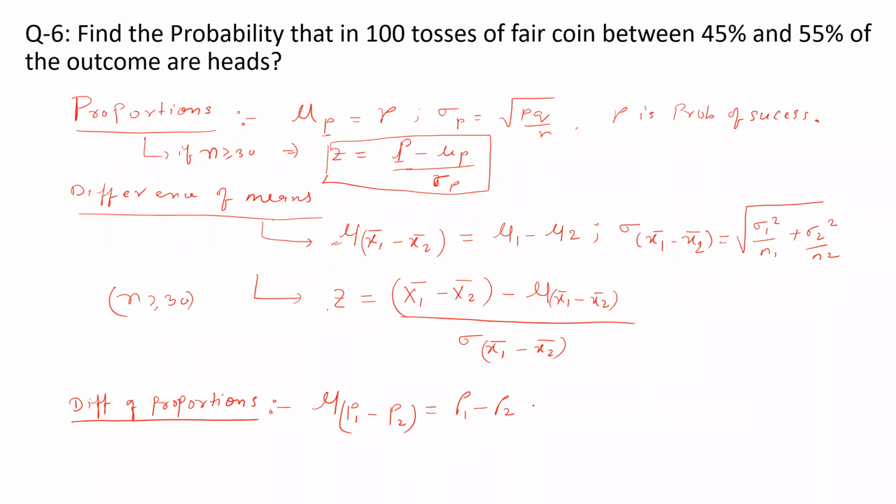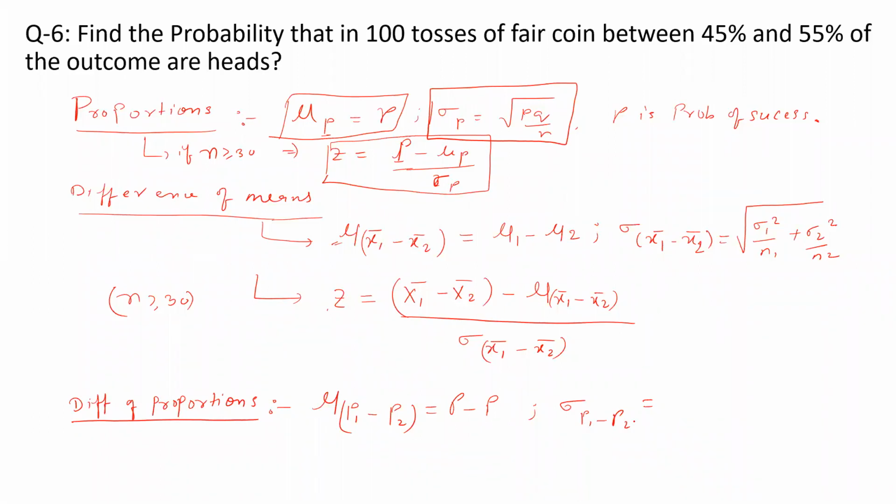All right, and the standard deviation of proportion 1 minus proportion 2. As you can see, your mu p was equal to the small proportion, so this also I can replace with p minus p. So generally this term will always turn out to be 0, but we will discuss that a bit later.